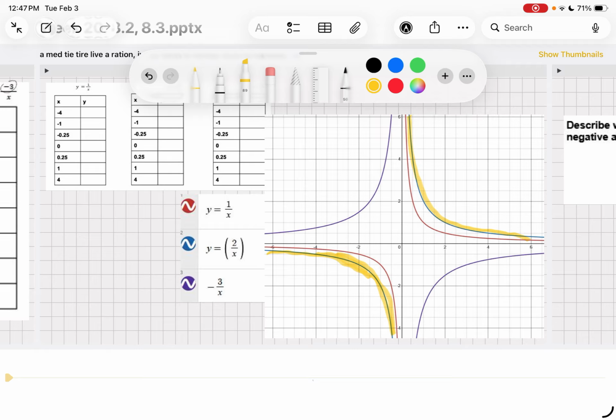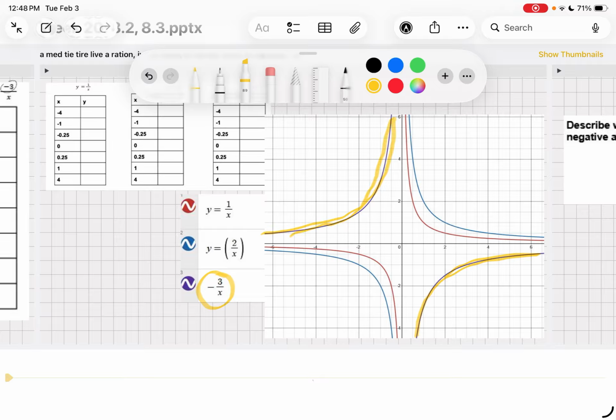And with that last one, not only did it get further away from the axis, but since I had that negative out in front, with the purple function, I have a negative and my a value got bigger, it flipped and it got further away from the x and the y axis.